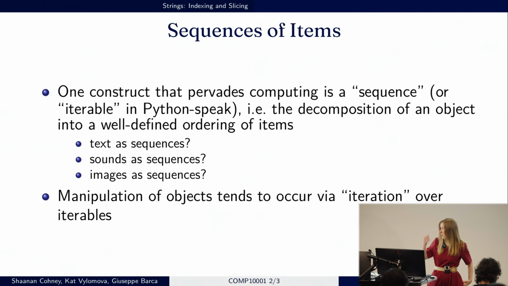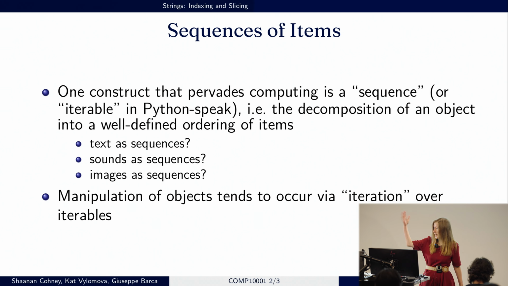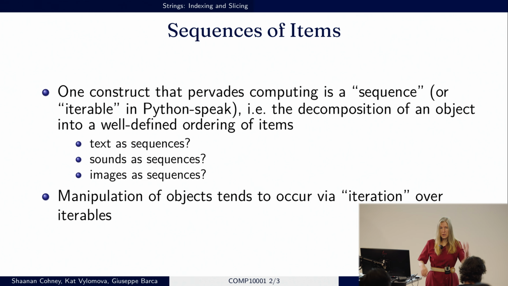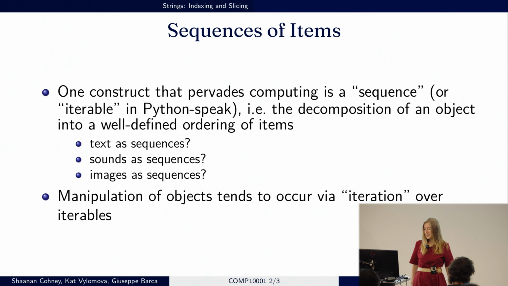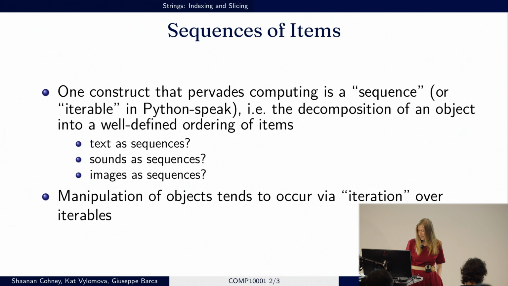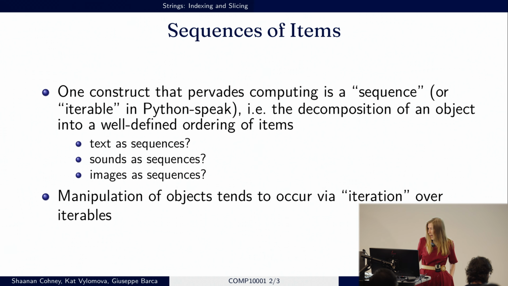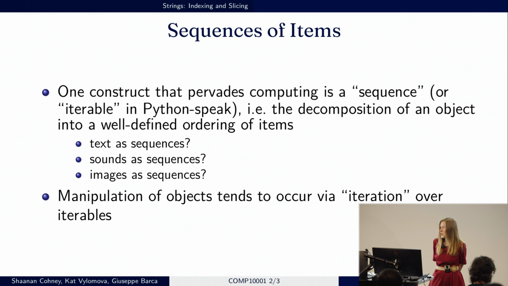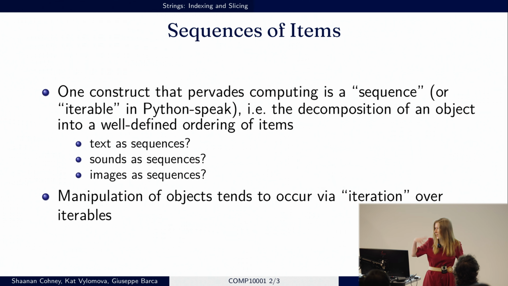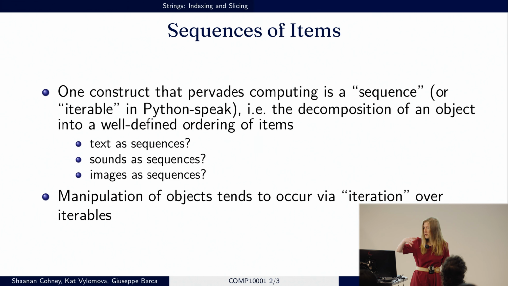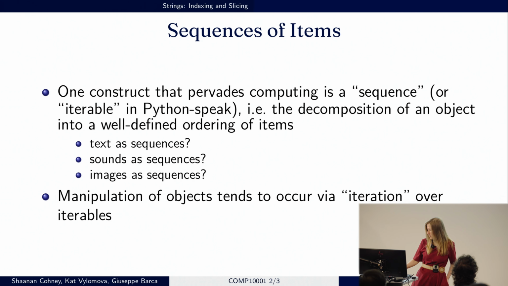Similarly, images can be processed pixel by pixel. If it's a 2-dimensional image, you have 2 dimensions, height and width. And if it's 3-dimensional, you get an extra length, for instance. We call such sequences iterable objects, and we perform so-called iteration through them. We go element by element.